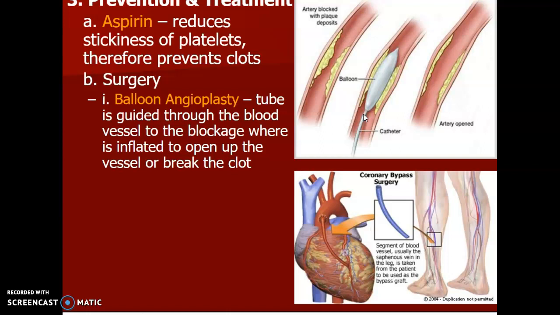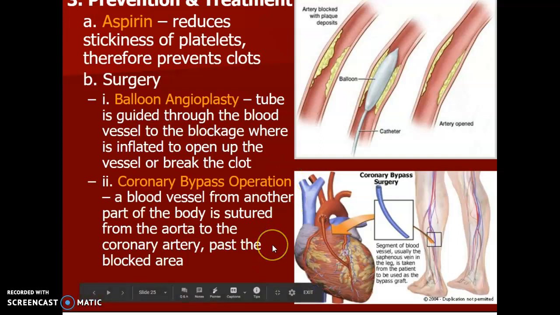It's got a camera on it up into your coronary artery, and there's a little balloon in there that they can inflate, and they stick that catheter into the blockage. They inflate the balloon, and it pushes the blockage back against the walls and opens that up again. And then they actually put a little wire in there called a stent to help keep it open, and then you have to take blood thinners to keep it from getting blocked back again. That's called a balloon angioplasty. They could do something like that.